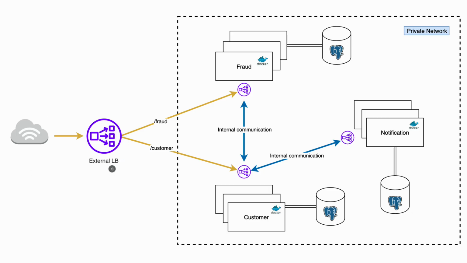So instead of clients going directly into customer or fraud or notification, you say the main entry point is through this external load balancer. Any traffic that goes from the internet directly into these instances inside of the private network will be blocked by the firewall. So a request comes in through the load balancer, and the load balancer is actually quite smart.